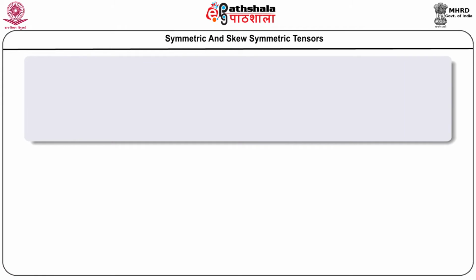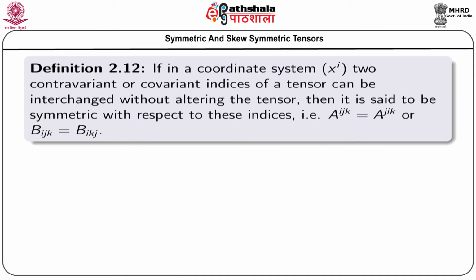In this module, we first define what are symmetric and skew symmetric tensors. Now, if in a coordinate system xi, two contravariant or covariant indices of a tensor can be interchanged without altering the tensor, then it is said to be symmetric with respect to these indices.